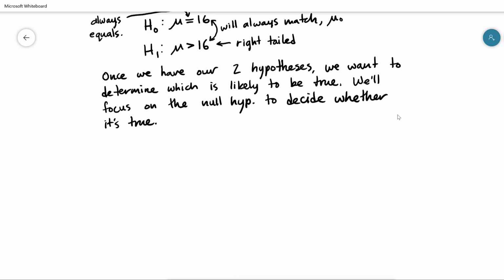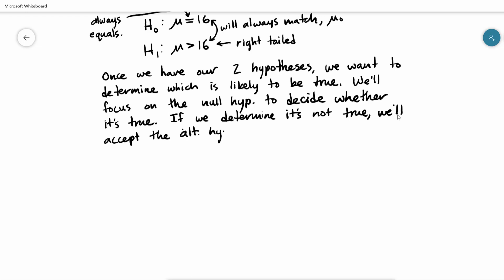And if we conclude that it's not true, then we'll accept the alternate hypothesis instead.